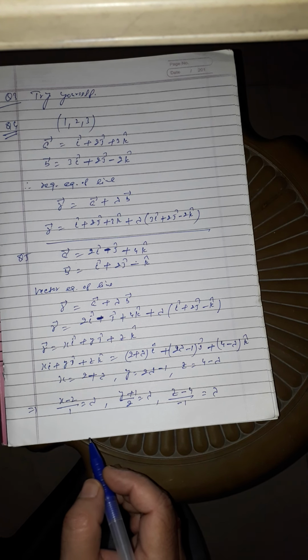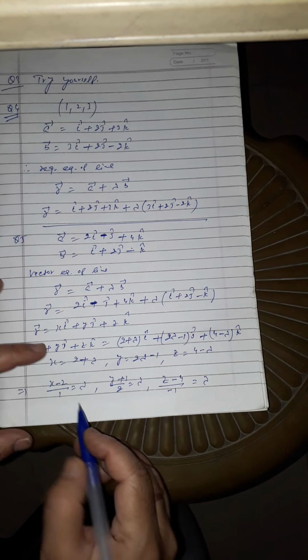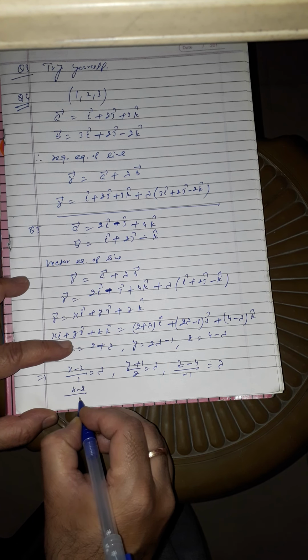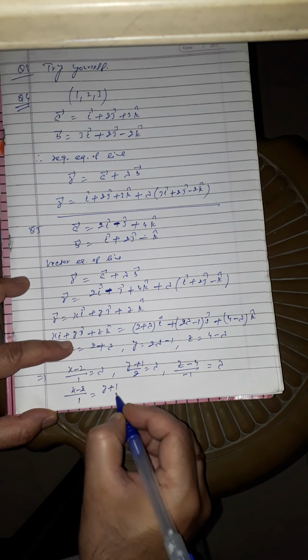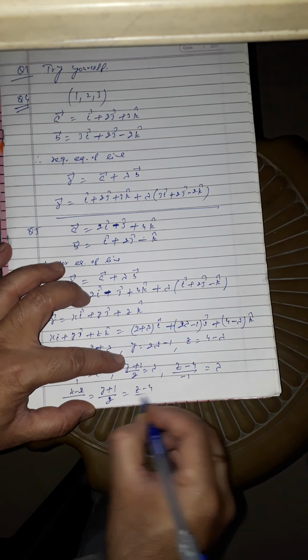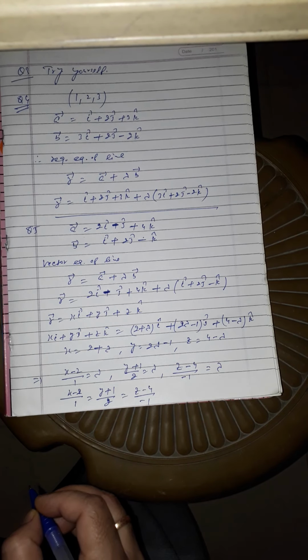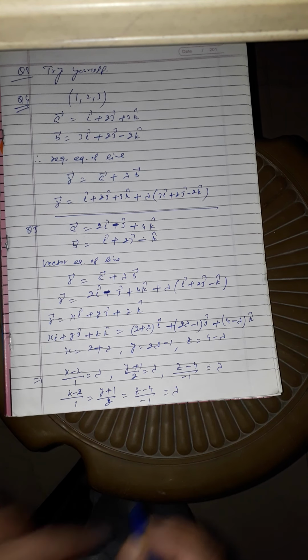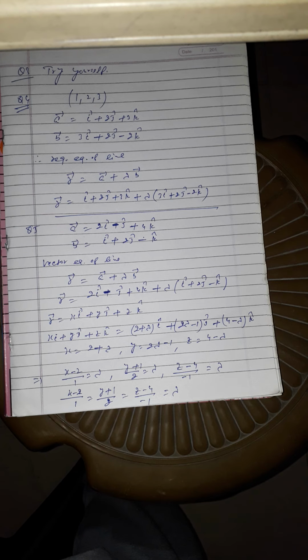So here what you can say, because lambda is a parameter, we can say that (x minus 2) upon 1 is equal to (y plus 1) upon 2 is equal to (z minus 4) upon minus 1. This is the Cartesian form of the given equation, and that is the solution of this question students, right?